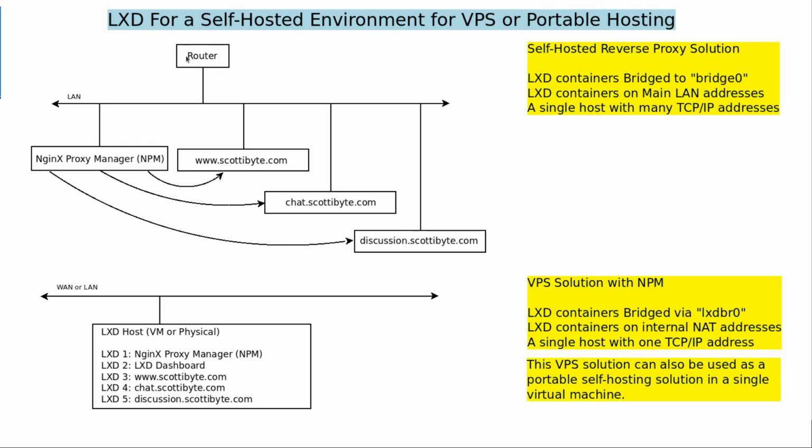On your typical network, and what I've discussed so far in the channel, we have a router, we have a LAN network, we have NginX Proxy Manager, and NginX Proxy Manager looks for input coming from the wide area network, and it looks for subdomain names, for example, www.scotti-byte.com or chat.scotti-byte.com or discussion.scotti-byte.com, and routes it to the appropriate server instance in order to provide that particular service.